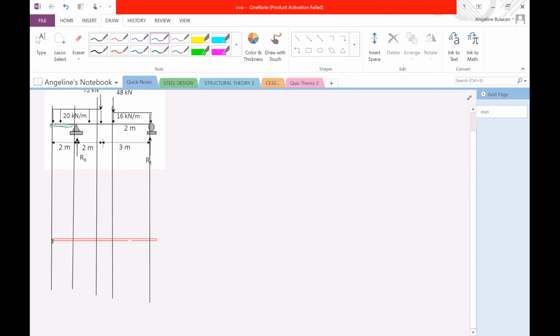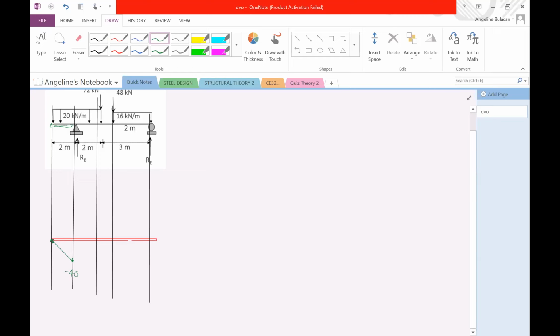From 0, magiging siyang negative 40. Now, since gradual yung change, ang drawing natin is ganito. So, from 0, yung shear dun sa beam na to is naging 40. So, gradual yung change na na-cause ng 20 kilonewton per meter. Kaya naging 0 to negative 40.